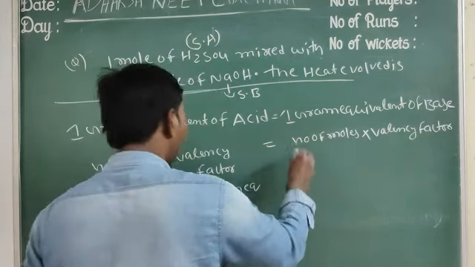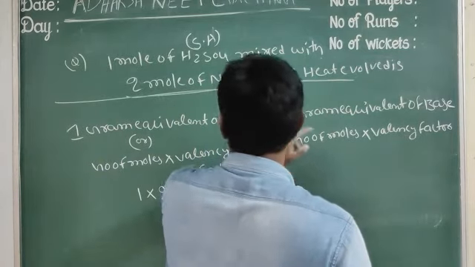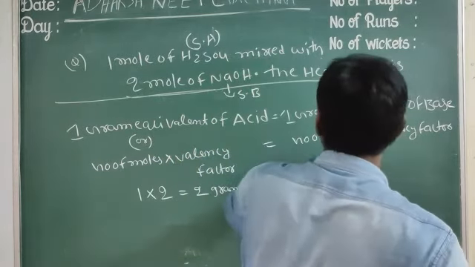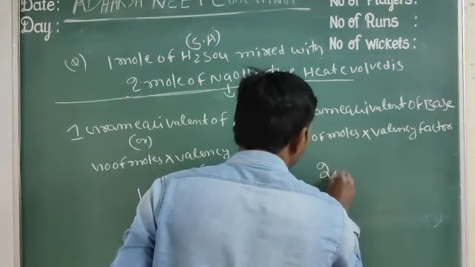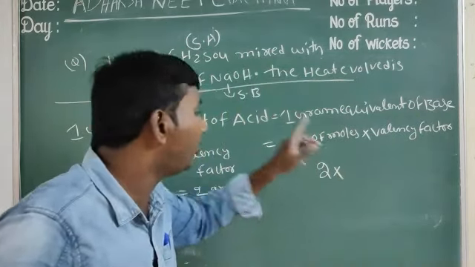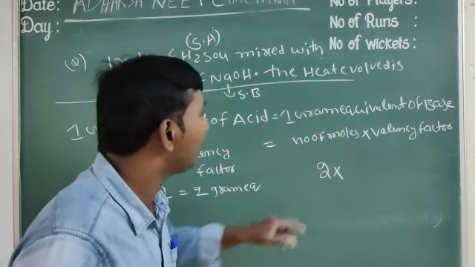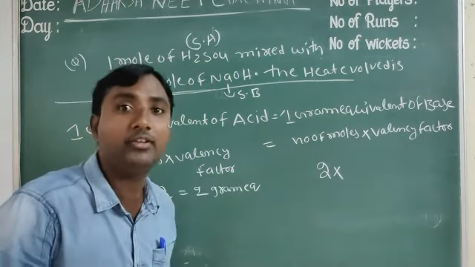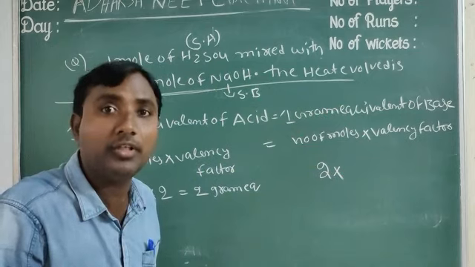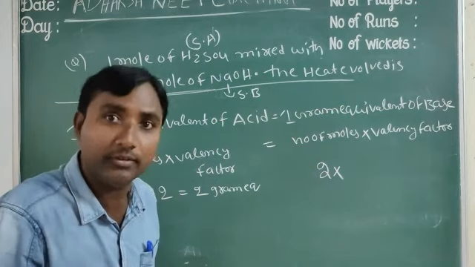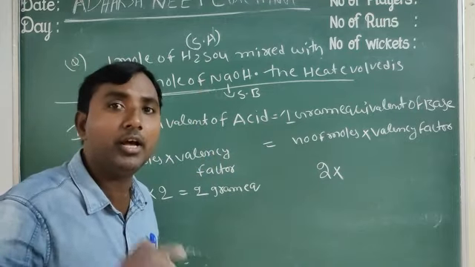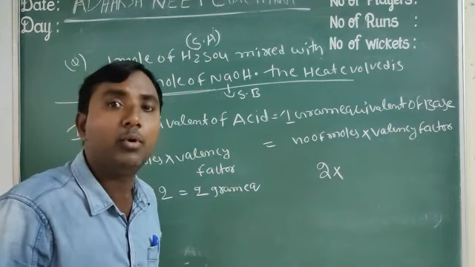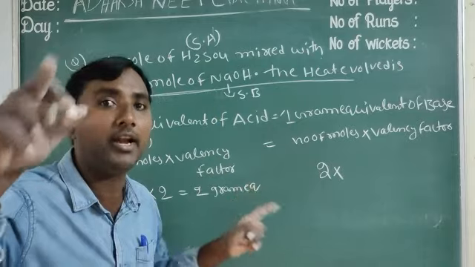Okay, now find out the gram equivalent of base. How many moles of NaOH? 2 moles. 2 into what is the NaOH valency factor? NaOH is a monoacidic base, we discussed before. So monoacidic base valency factor is 1.